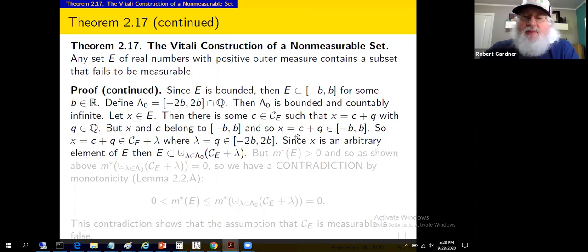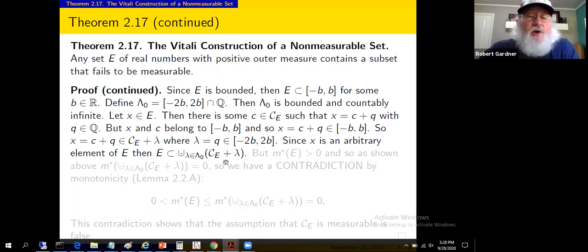We could have x be close to negative b and C be close to b. How far apart could x and C be? Up to the length of this interval, because x and C are both from this interval. Maybe over here, both from this interval. How far apart could x and C be? Up to 2b units apart. So this rational number might have to be up to size 2b, or negative 2b. So that's the reason we know the rational number lies in here.